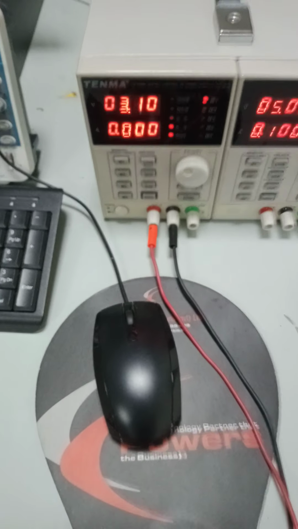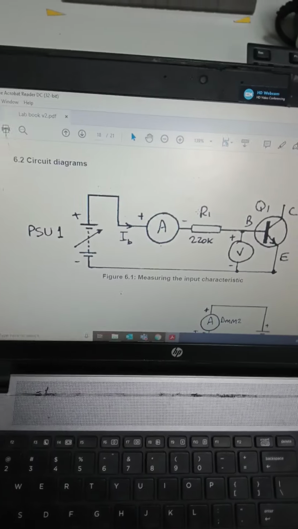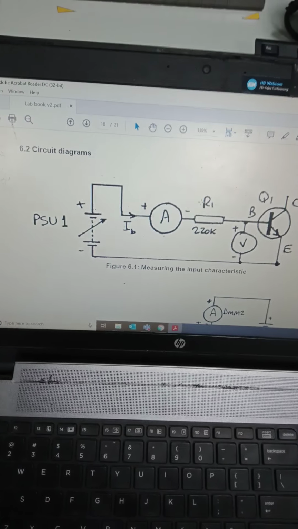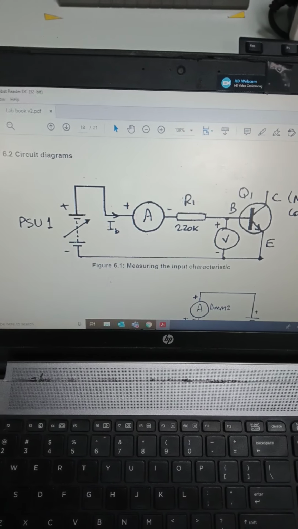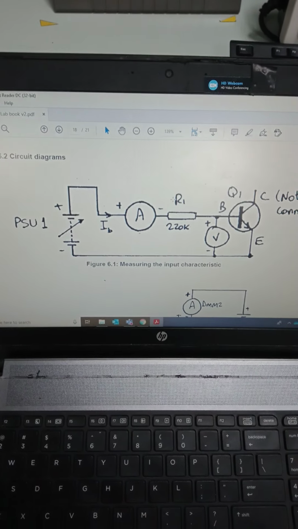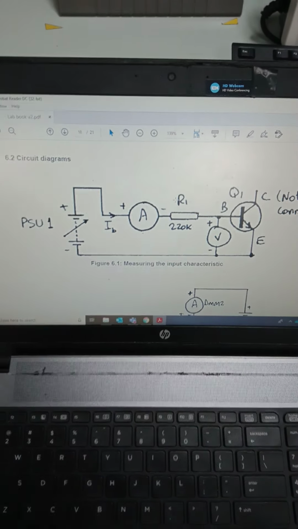So the current that is flowing through the circuit is said to be 10 microamperes, and probably you know that the voltage VBE is about 0.6, 0.5.